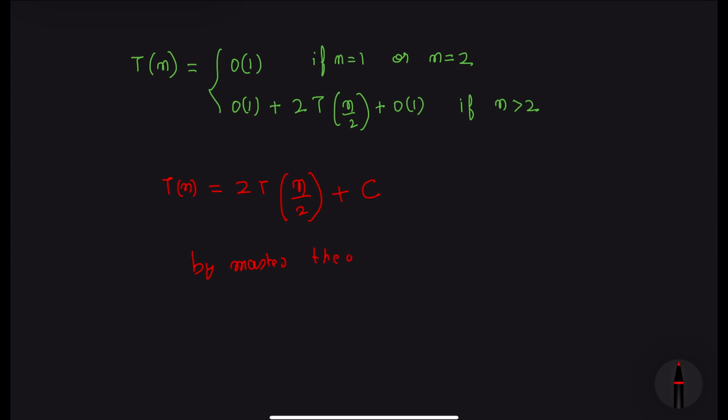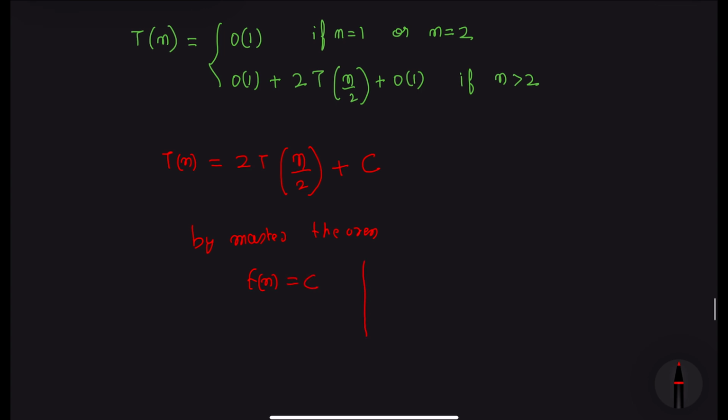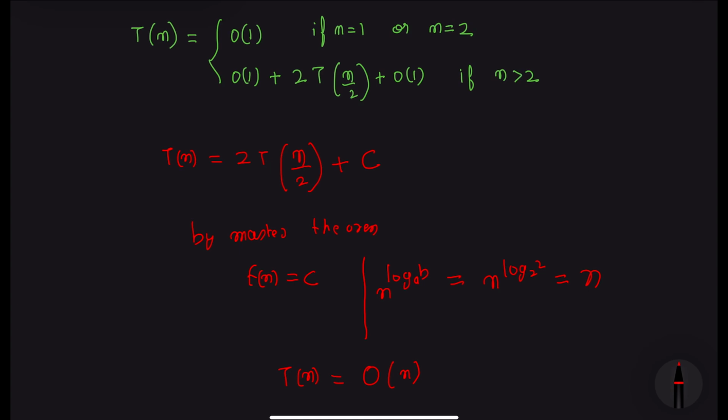So we need to find f(n), and f(n) will be equal to c, and n raised to the power log base a of b, which is n raised to the power log base 2 of 2, will be equal to n. So by the first case of the master theorem, we get the time complexity of big O of n. Time complexity big O of n will hold for every case.